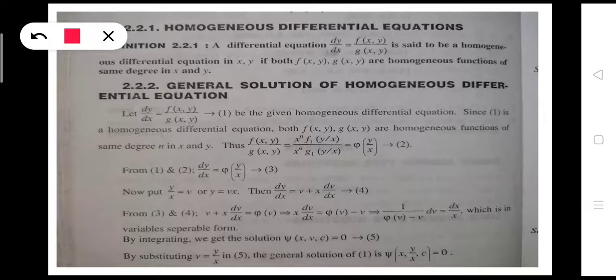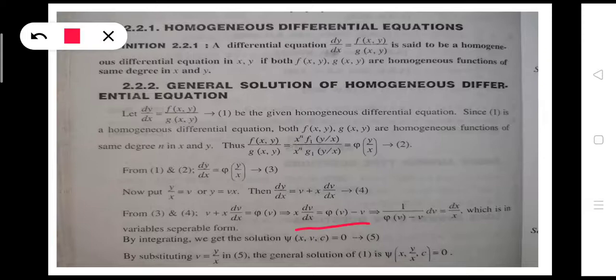Now substituting these two values in the required equation and simplifying, the v on the left side goes to the right side as minus v, so x into dv by dx is equal to phi of v minus v.